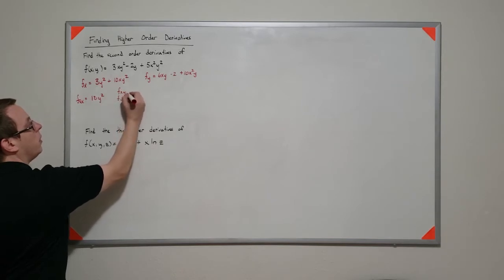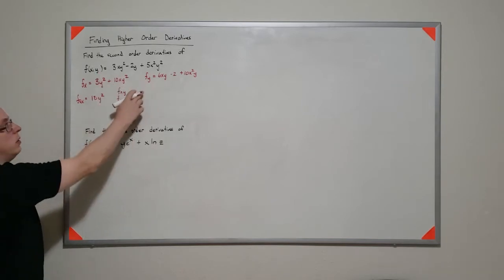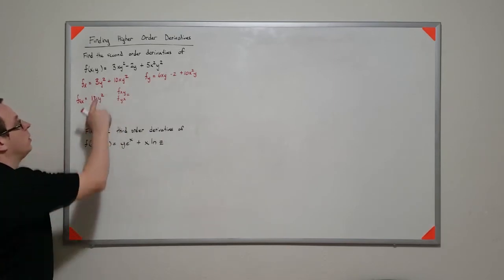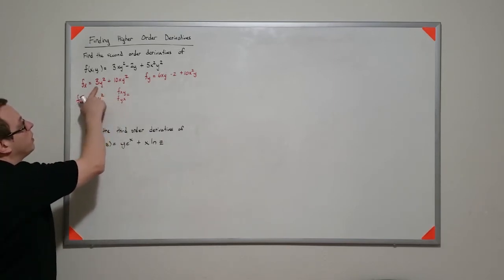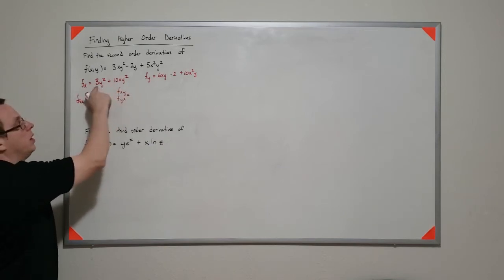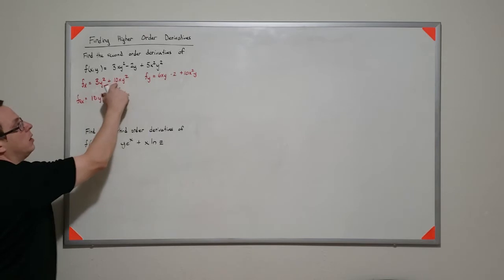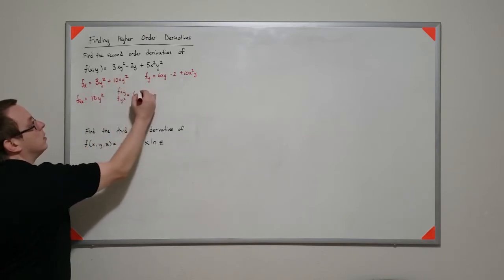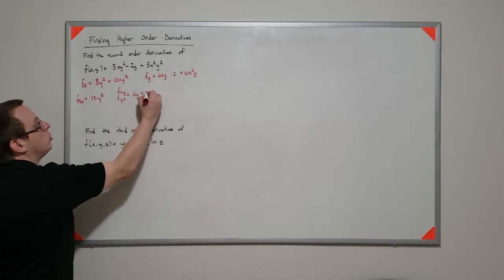So I'm going to do fxy, but feel free to do fyx and see that it's the same exact answer. fxy, so if I take the derivative of this with respect to y, I get 6y plus 20xy.